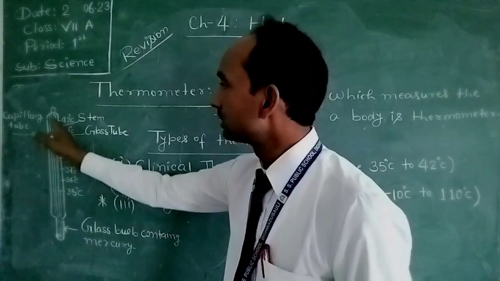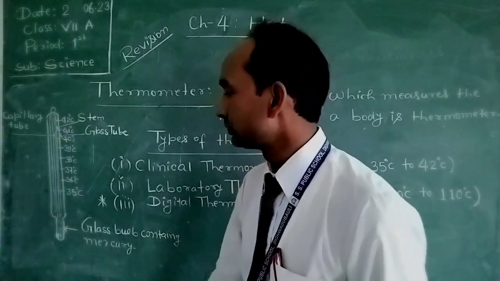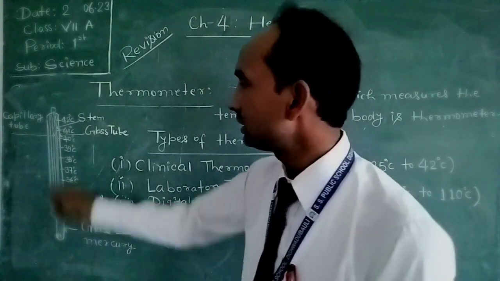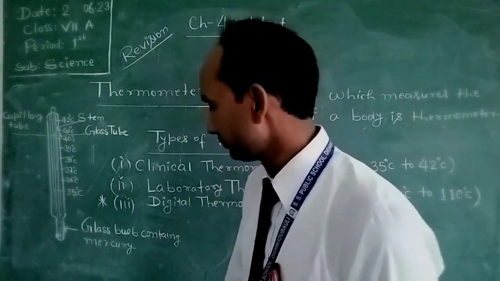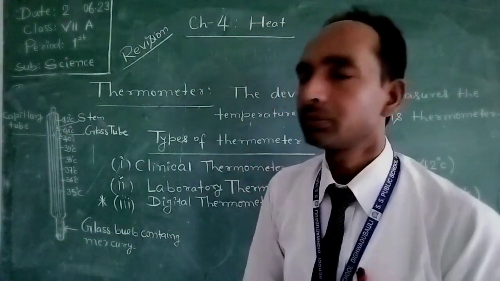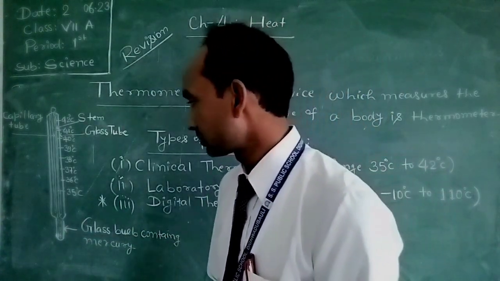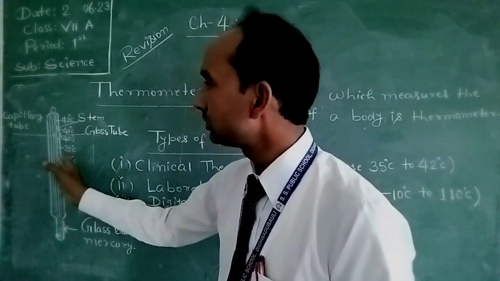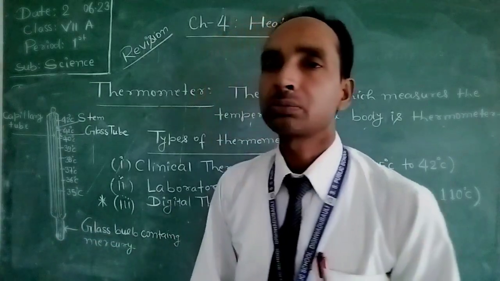And when the temperature is low, then it goes down. So mercury is a heat sensitive substance which rises in the capillary tube whenever the temperature of the human body is measured.